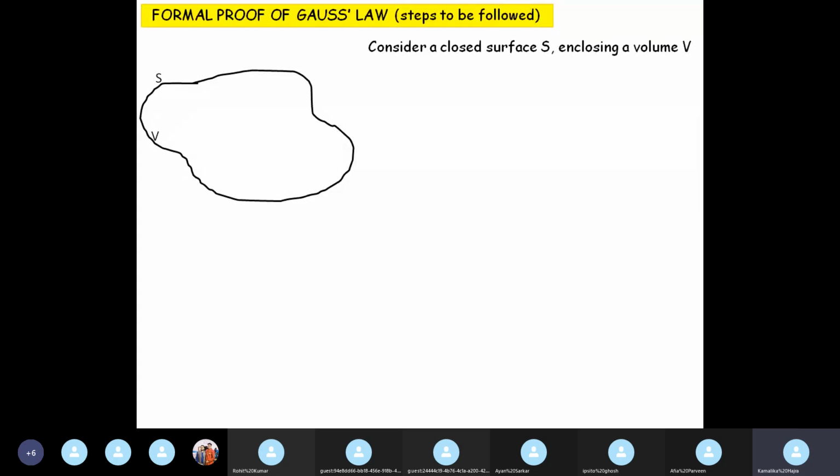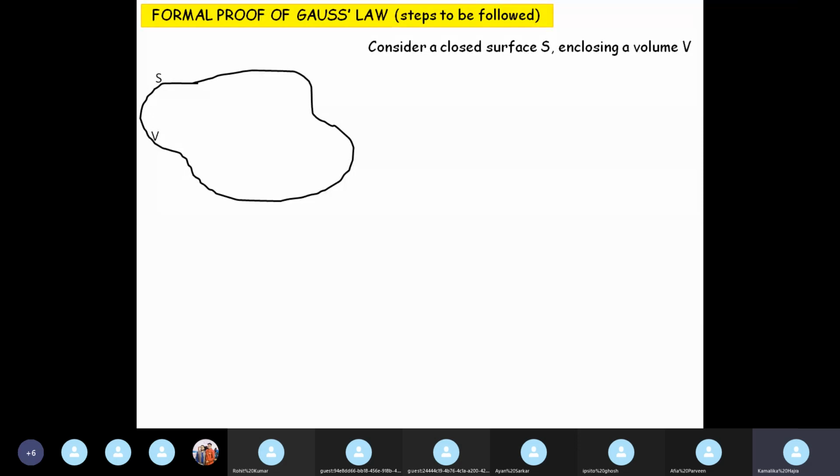It can enclose a volume only if it is a three-dimensional surface. So don't think this is a plane. This is a 3D surface which encloses a volume V. I hope that is clear to everybody. Please don't think this is a plane. This is not a two-dimensional picture. This is a three-dimensional picture, and it is an enclosure, not a plane area.